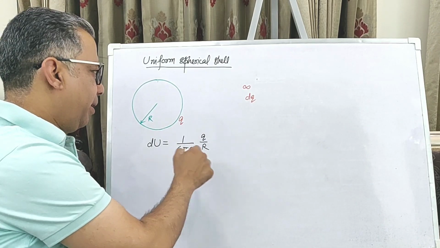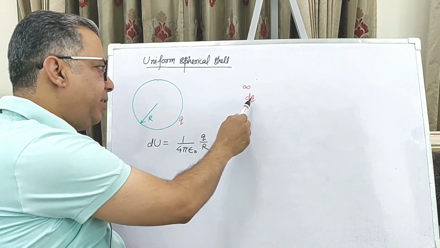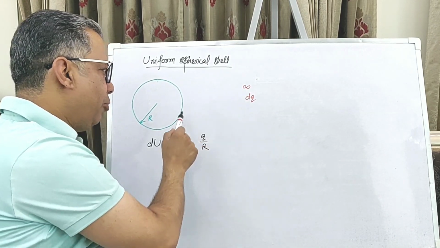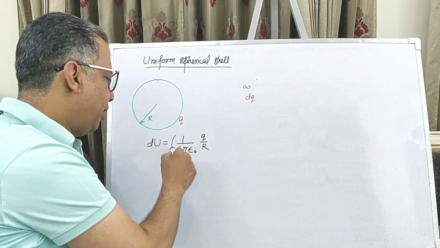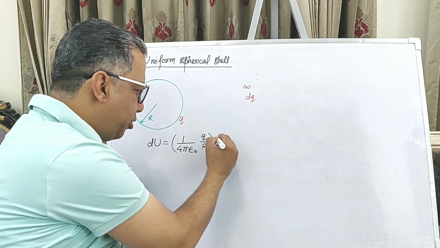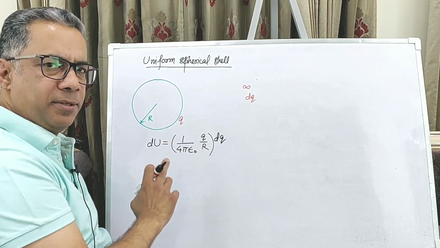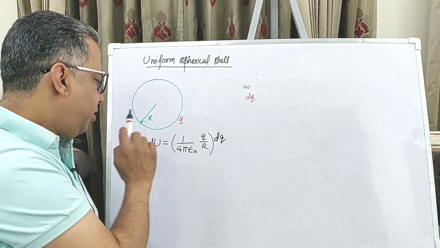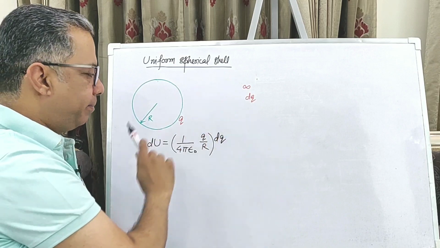That's the potential here. Now we have placed the charge dq at a location where this is the potential. So the change in potential energy will be potential times the charge we have placed at that location. So this is the change in potential energy in introducing a further charge dq here.